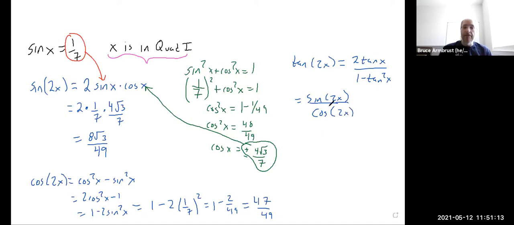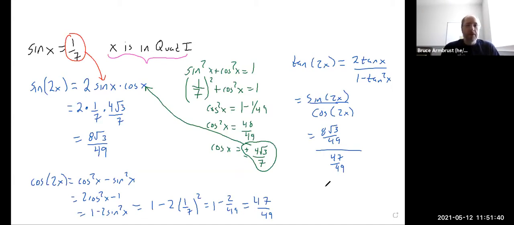And I already have these two numbers. Sine of 2x is right here, 8 root 3 over 49. The cosine of 2x, I already have that. It's right here, 47 over 49. So we have lots of tools, right? These identities, they're all different tools to get where we're trying to go.